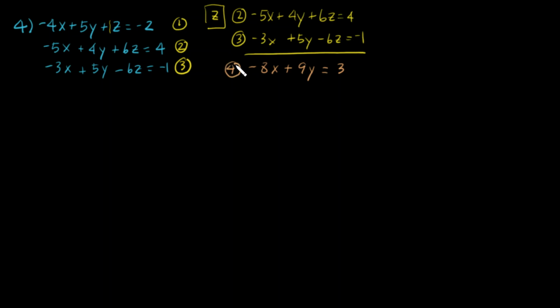Let's see what else I'm going to combine. I can do 1 or 2, but I end up having to multiply one of the equations by a negative, so I'm not going to do that.